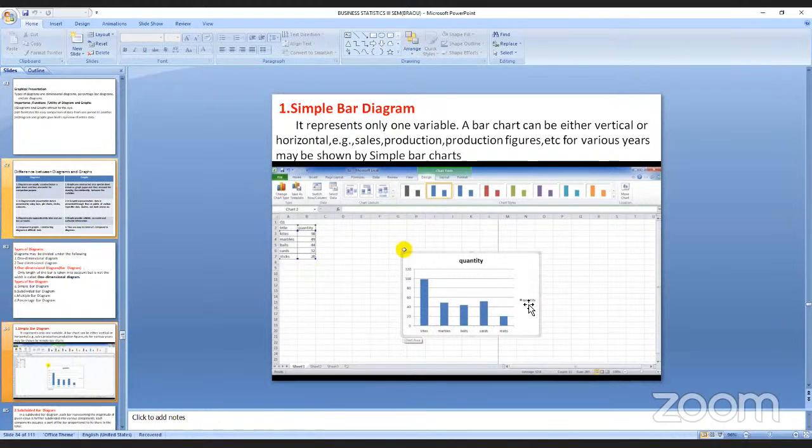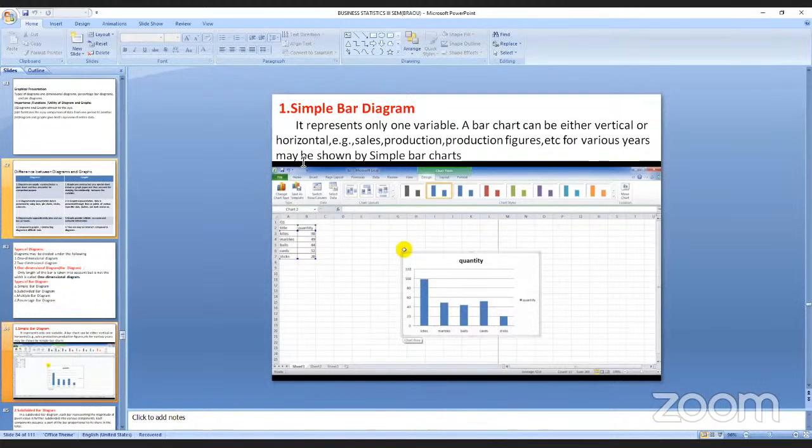Now we'll see the simple bar diagram. Here in the simple bar diagram, it represents only one variable. Here see, a question is given. Kites 98 quantity, marbles 49, balls 44, cards 52, sticks 20. A bar can be either vertical or horizontal, for example sales, production, sales figures.